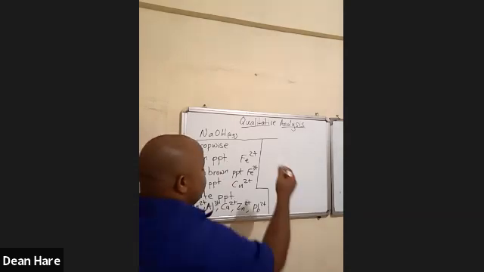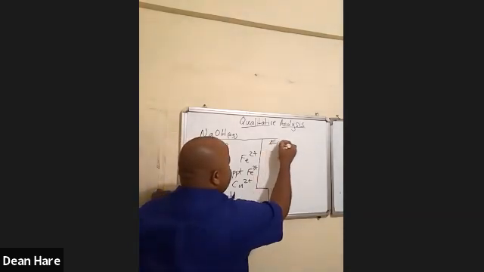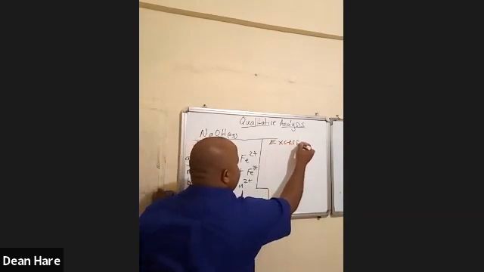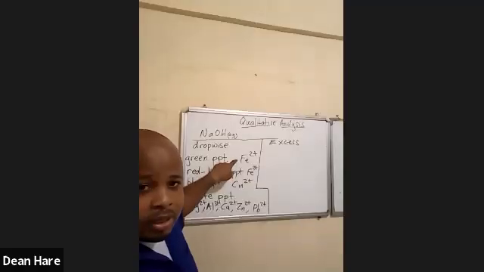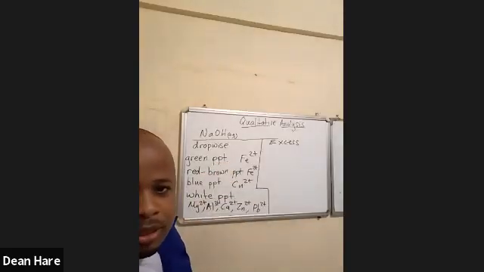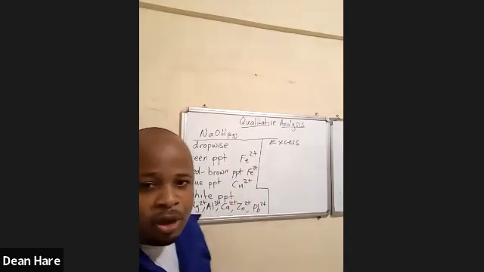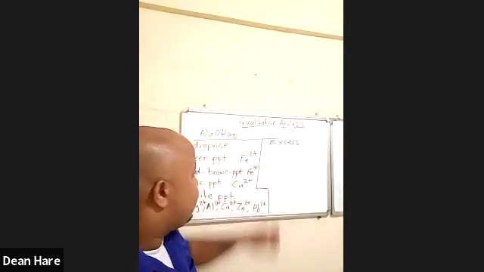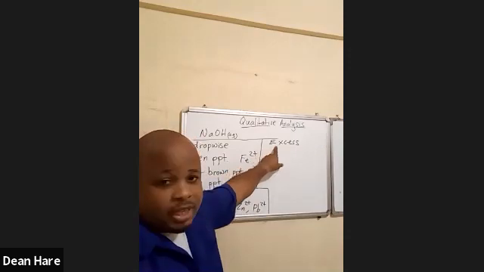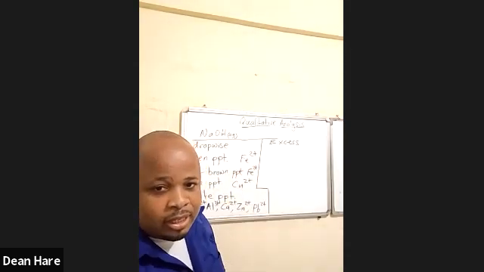When we add this sodium hydroxide in excess, the Fe2 plus, Fe3 plus, and Cu2 plus ions are all insoluble in excess sodium hydroxide, so they will not dissolve.